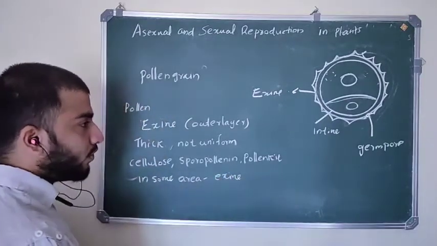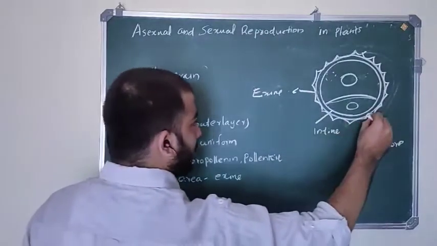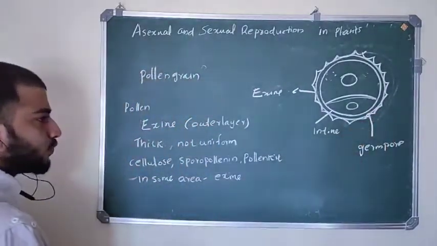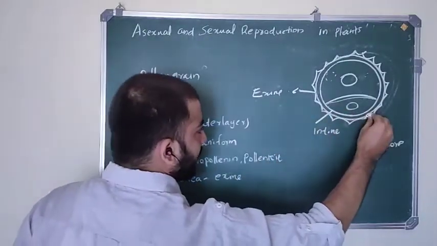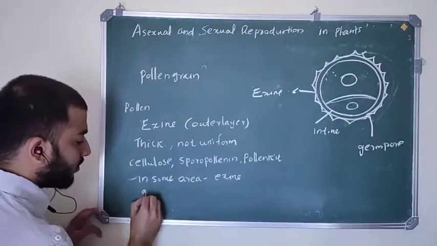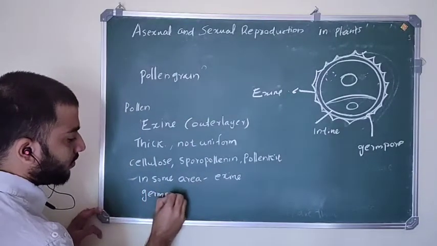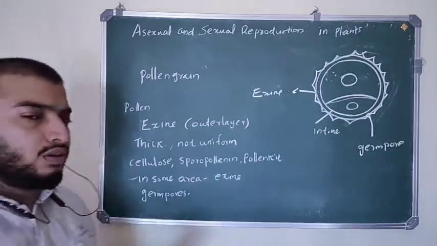In those thin areas they form small round structures, round pores. Those pores are called germ pores. What is a germ pore?